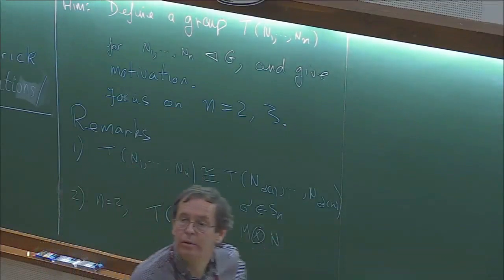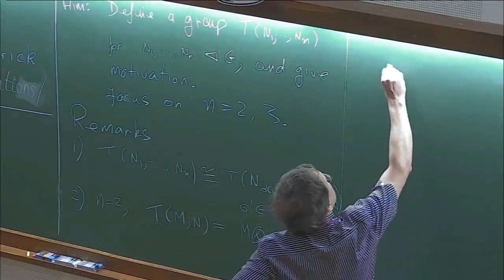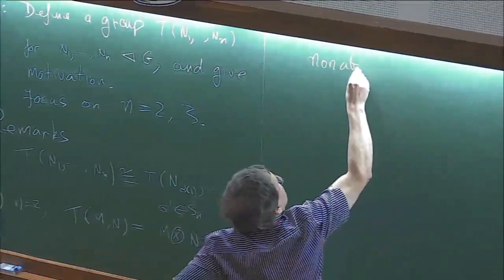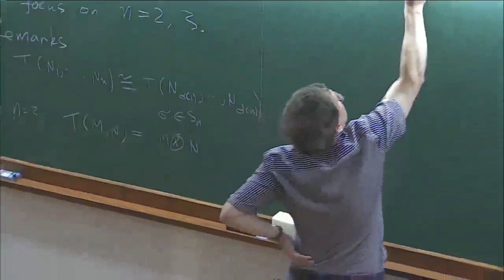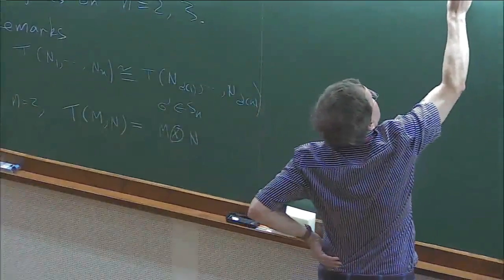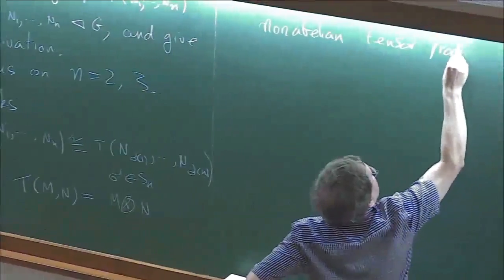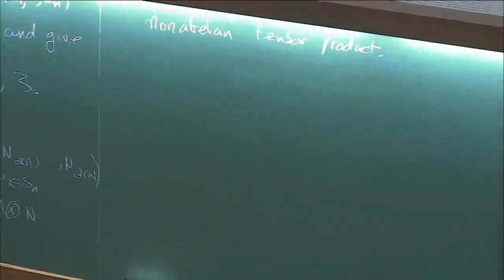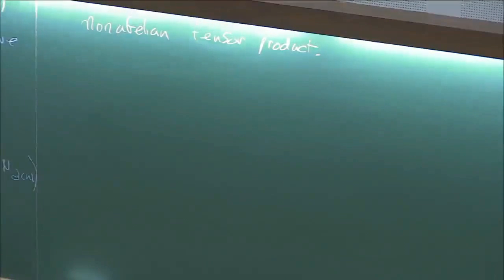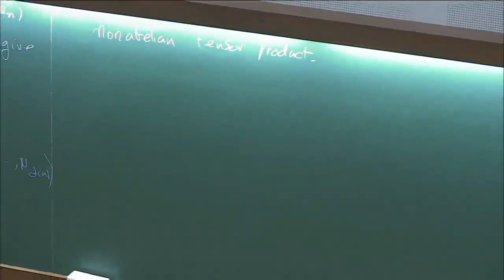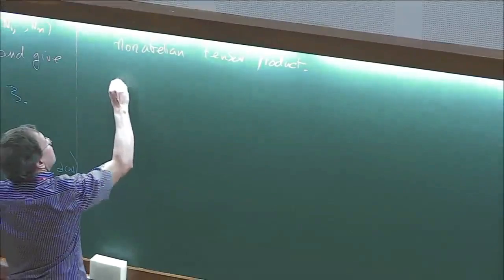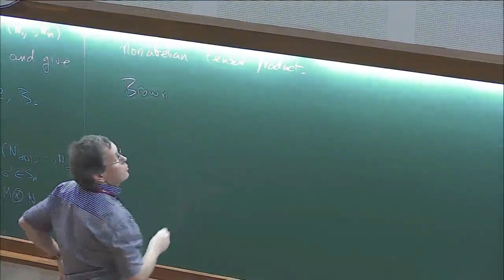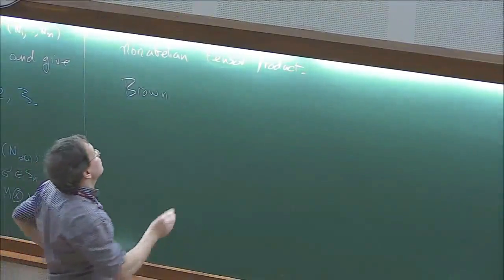So I want to say a word about the case n equals 2. That's the non-abelian tensor product. This product was first defined in a paper of Ronnie Brown and Jean-Louis Loday, which appeared in Topology back in something like 1987, 88.